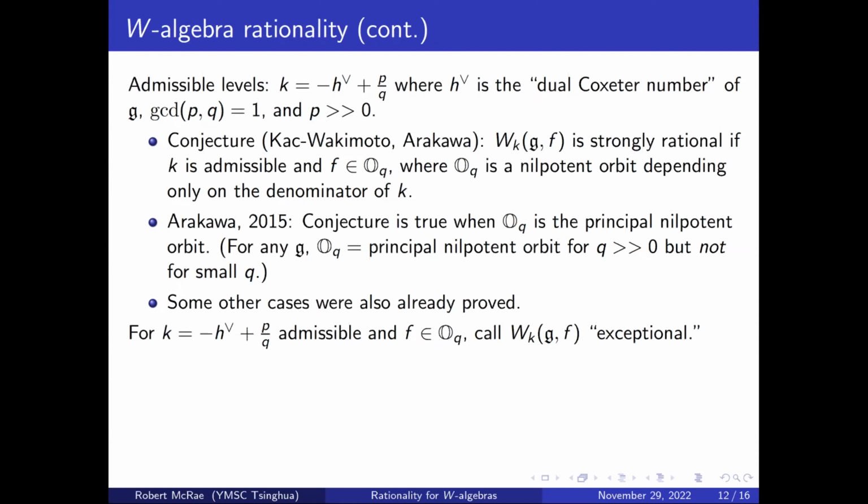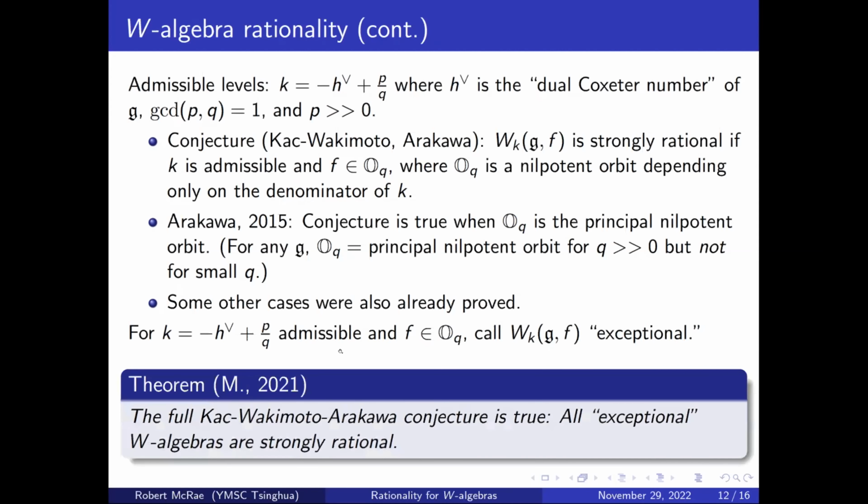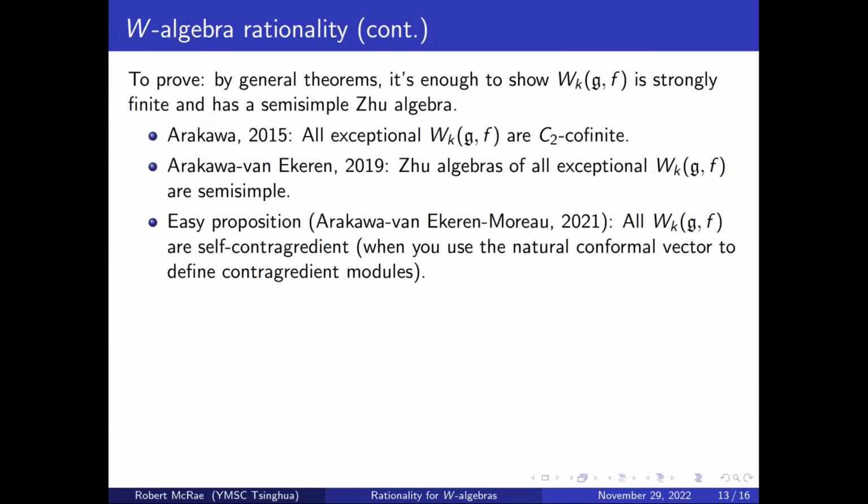These cases of K and F and G giving these W-algebras have been called exceptional when F is in the nilpotent orbit associated to K. And so what we can prove using the general theorems I stated before is that actually this full conjecture is true, that all of these exceptional W-algebras are strongly rational. So a lot of it is just a matter of combining some theorems that have already been in the literature together with my recent general results.